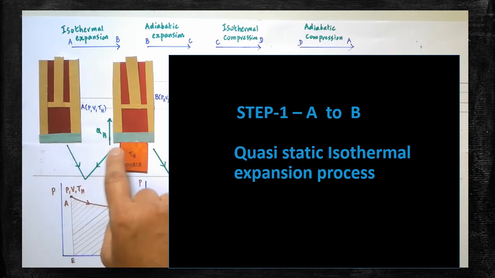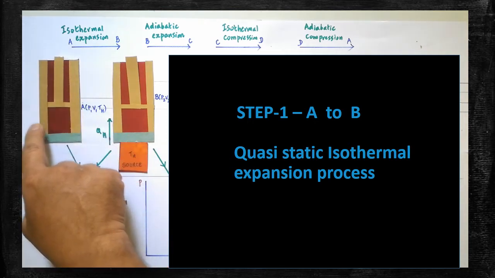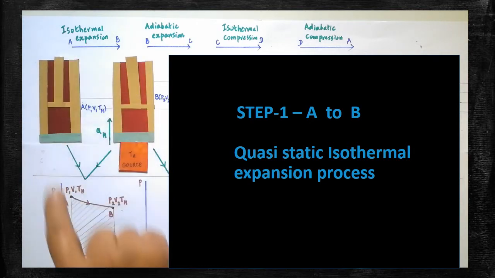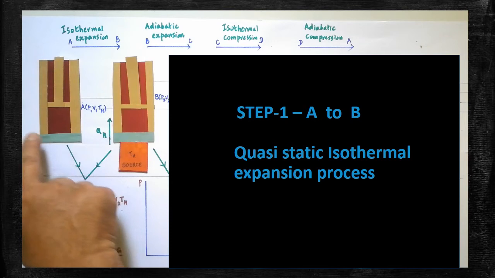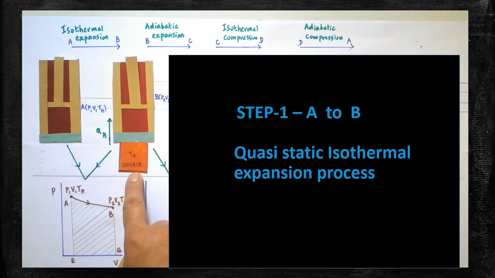Now the entire system is to be subjected to isothermal expansion process. To perform the isothermal expansion process, a source of heat must be taken. This entire arrangement should be kept on the source of heat. The source of heat, its temperature is TH. From there you are able to obtain any amount of heat.